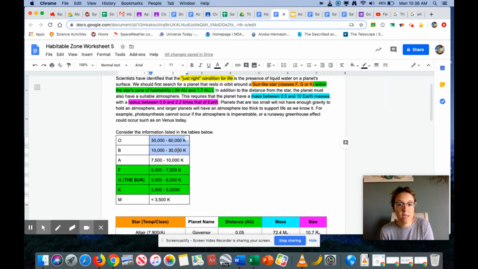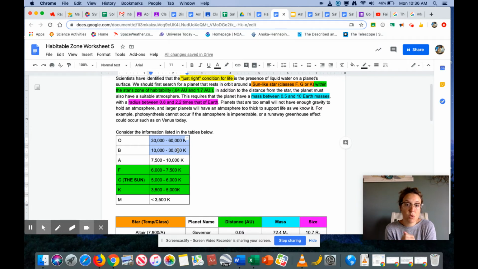Two things will help us get a suitable atmosphere, and that's the mass and radius of the planet. For the FGK stars, we're looking for a mass between 0.5 and 10 Earth masses, because that size will help pull in a certain amount of atmosphere, not let too much escape, but not pull everything in.